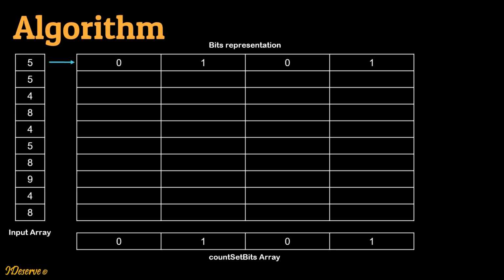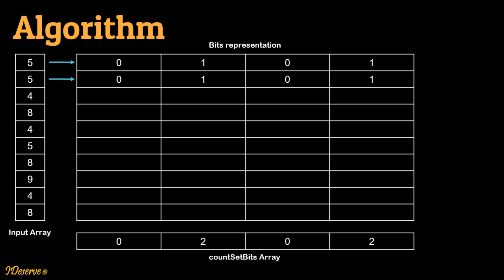So 5 in bits representation is 1 0 1. So for each ith set bit of 5, we increment count of element at index i in the countSetBits array. So element at 0th and second index are incremented by 1. Let's move on to next element. Next element is again 5.